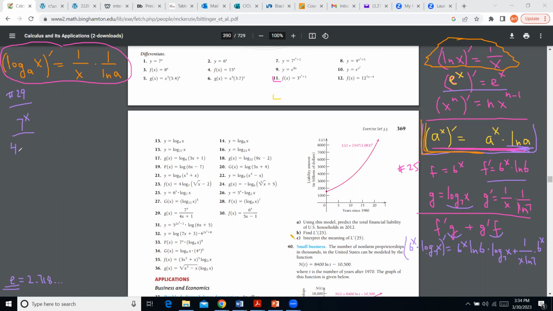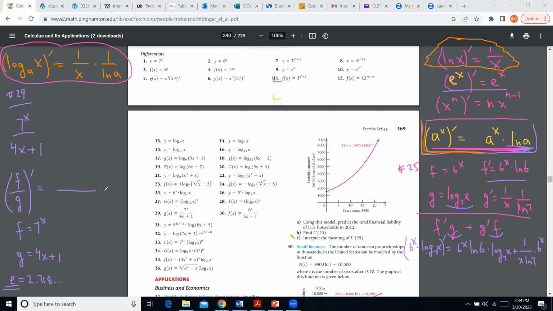So looks like once again I have two functions divided by each other. So f over g is how I can think of them, right? The function f is going to be my numerator. Function g is going to be my denominator. So I'm going to need to follow the rule of derivative of a quotient now.